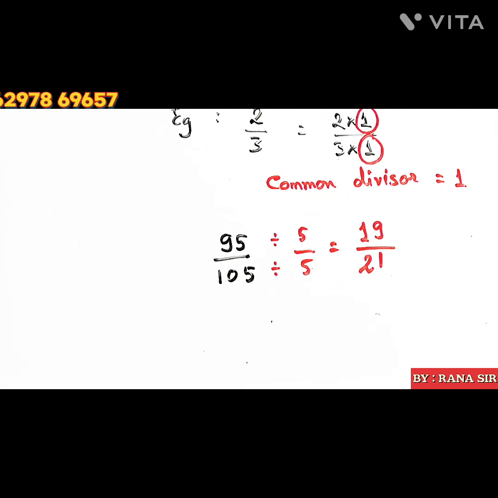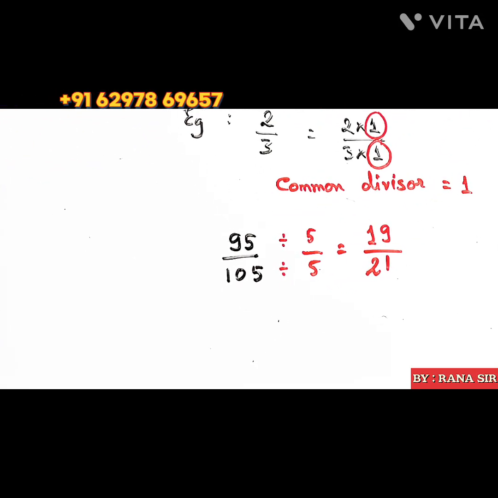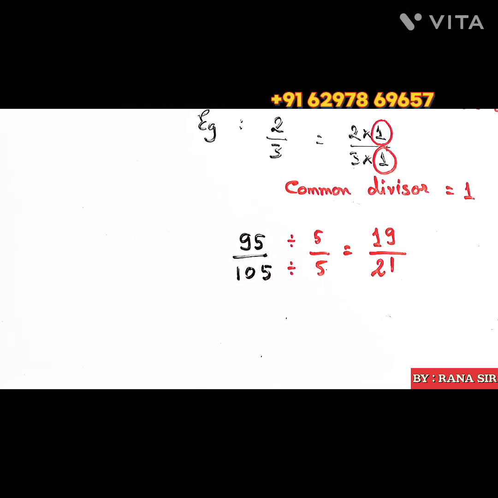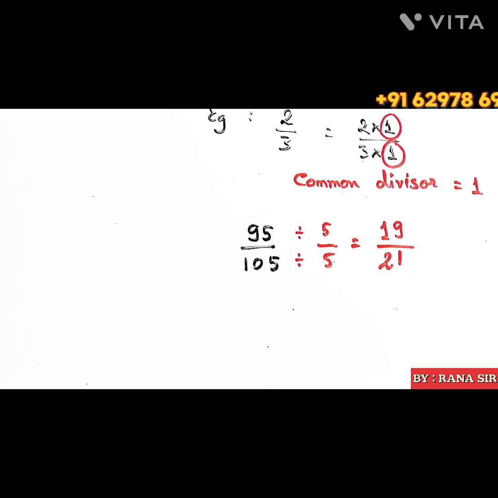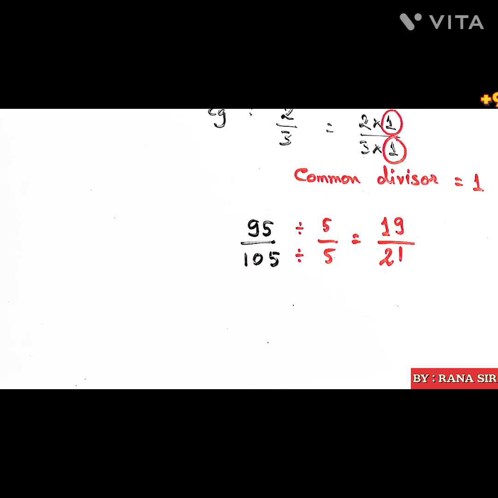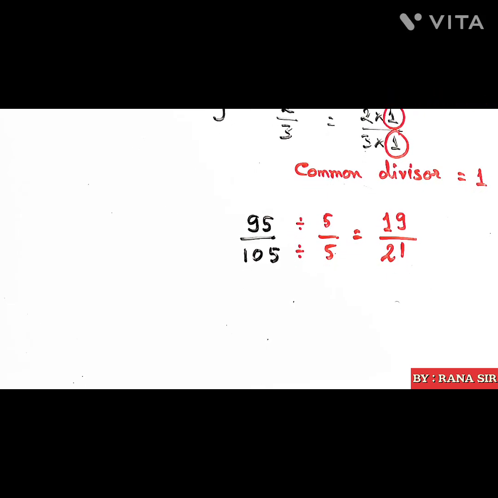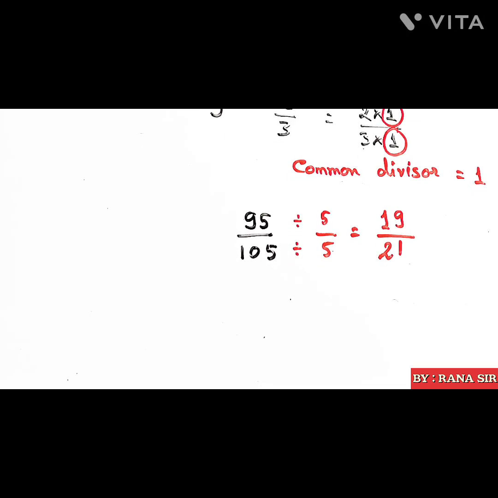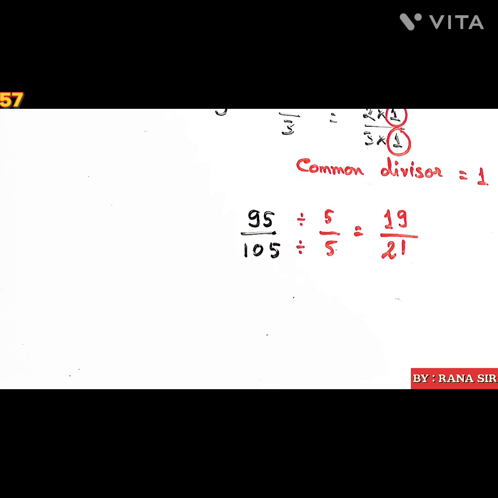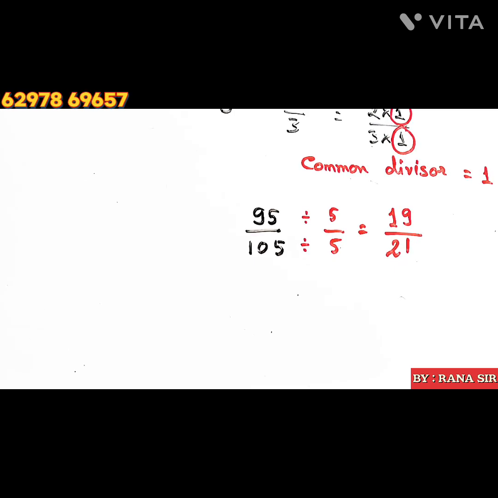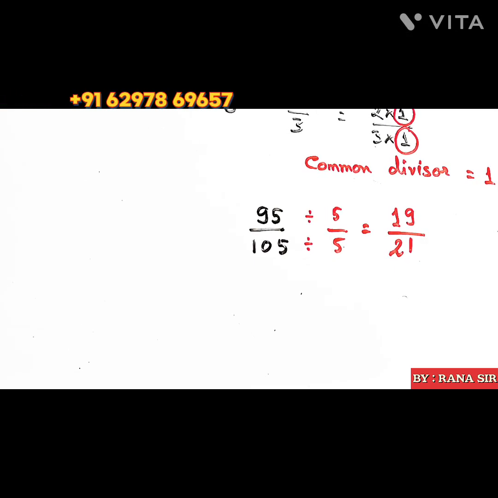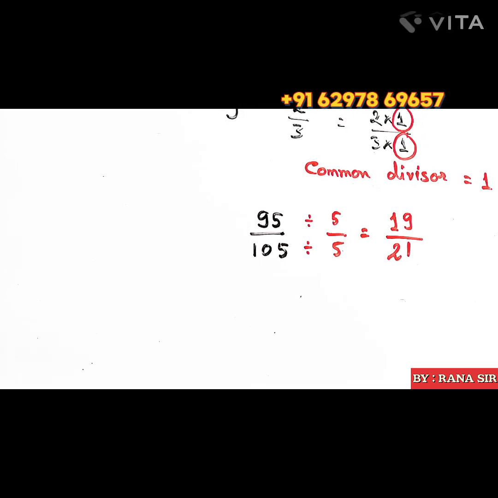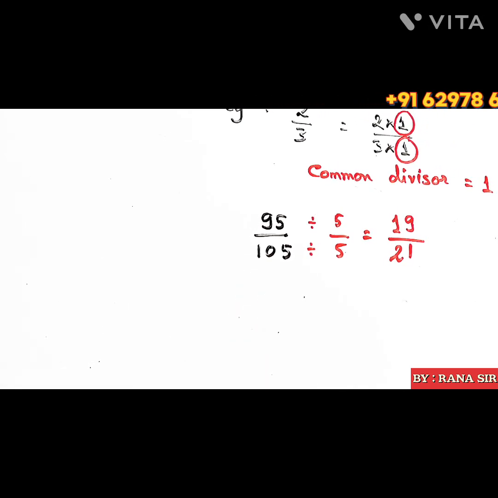Second example, 95 by 105. Does it have a common divisor other than 1? The answer is yes. So let us reduce 95 by 105 to its lowest terms, or standard form. 95 can be divided by 5, as we know a number ending with 5 or 0 is divisible by 5. 105 can also be divided by 5.